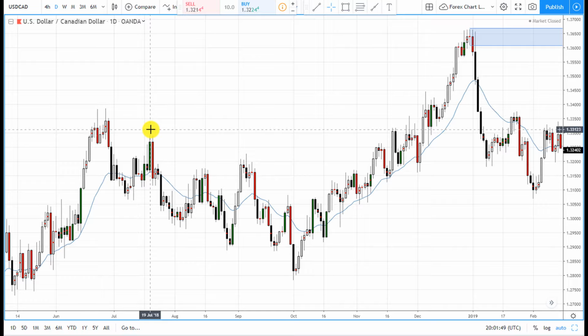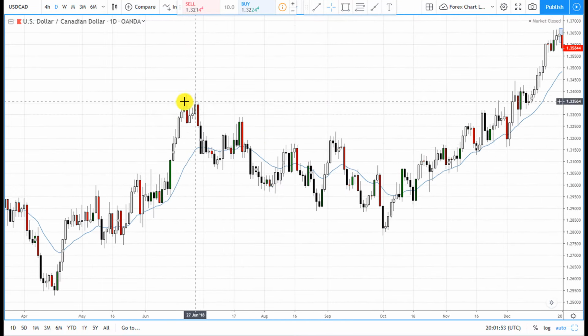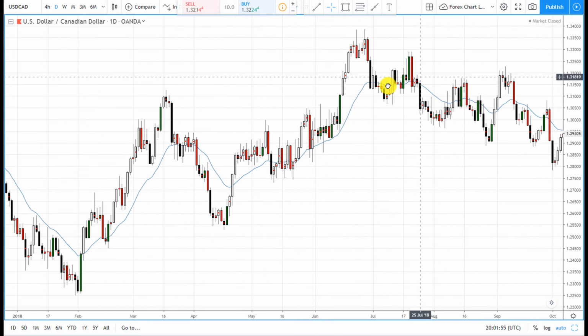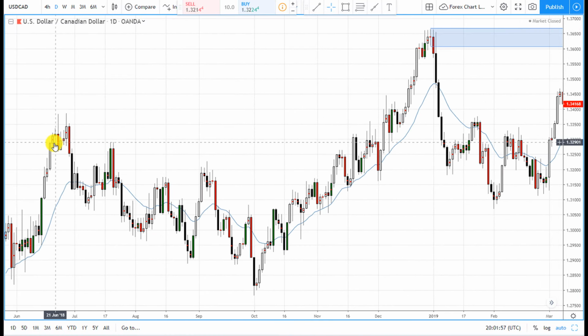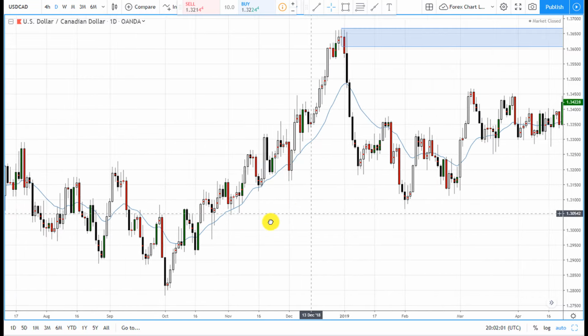So we know we have a supply zone right here because this is all-time highs. So this is a level of demand.